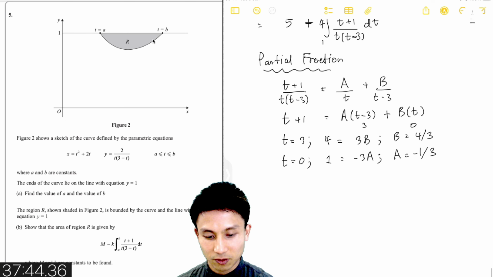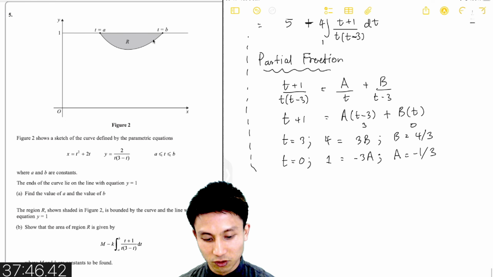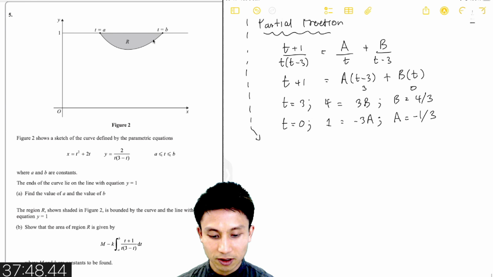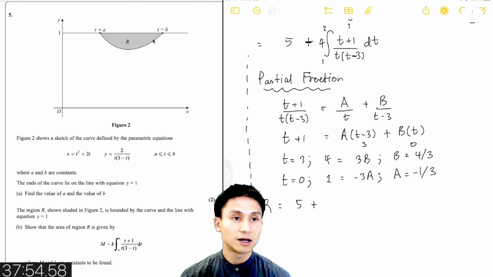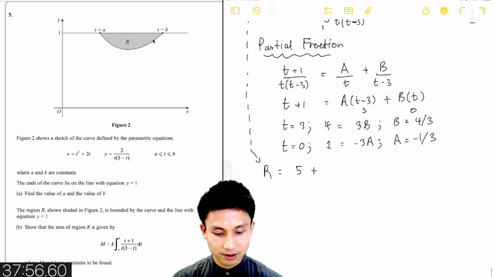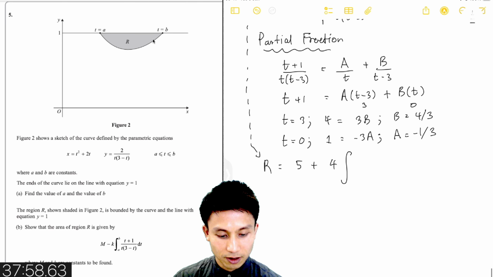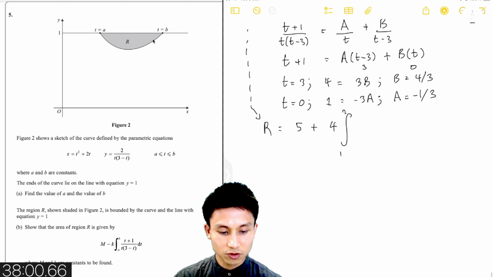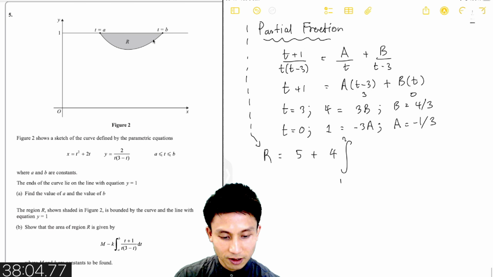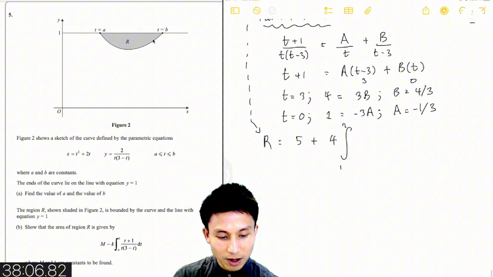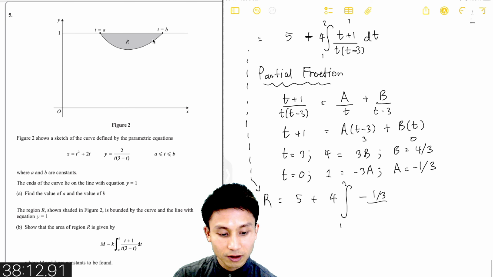That means we can now proceed with our integration. So r would be equal to 5 minus, sorry, it's a plus now because we simplified to that. Integrate from 1 to 2 of t plus 1, and the whole thing would become a being minus 1 over 3 of, of what?